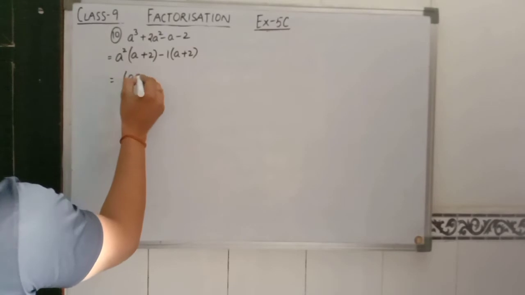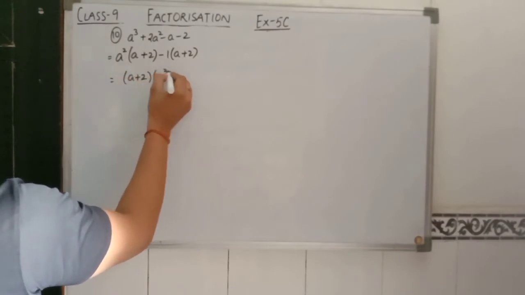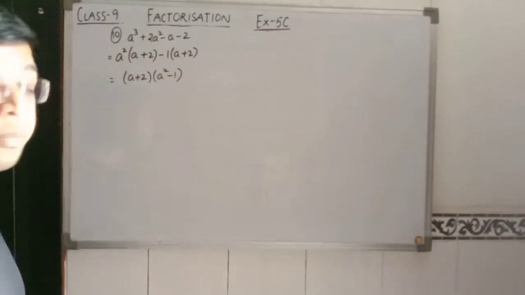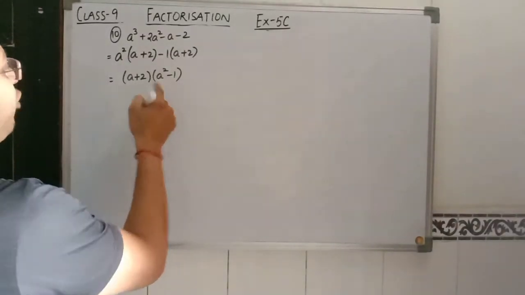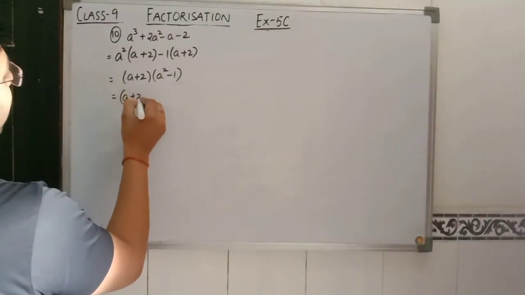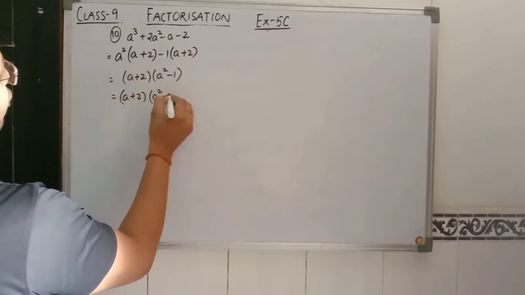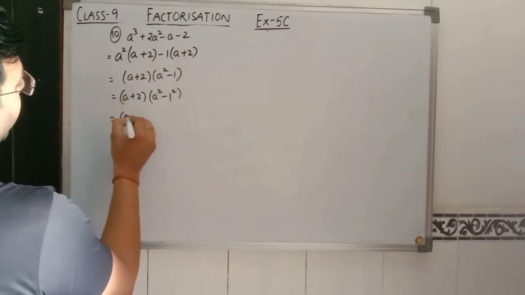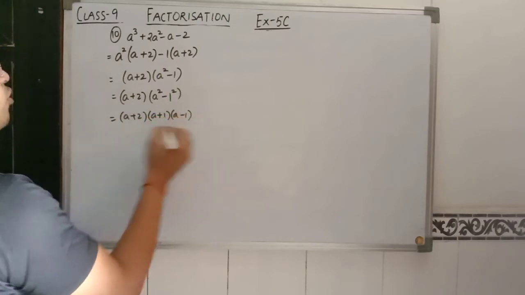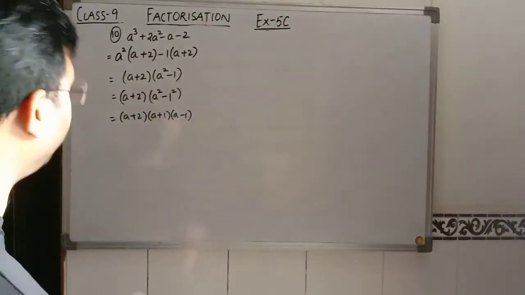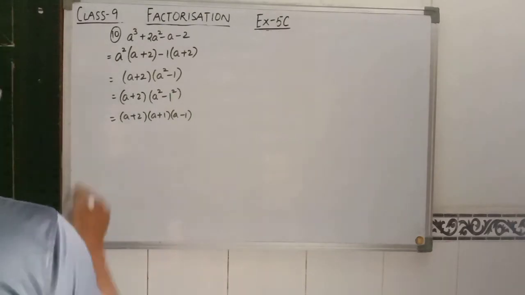So we can write it as a plus 2 in the first bracket, a square minus 1 in the second bracket. It means we have to take the help of grouping the terms also. Now we have to apply the identity. a square minus 1 square. So a plus 2 in the first bracket and a plus 1, a minus 1. This is the final answer. So this was question number 10.